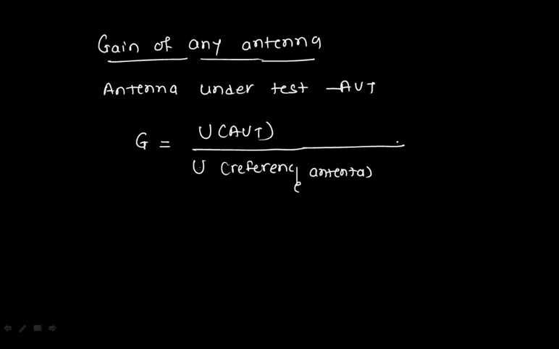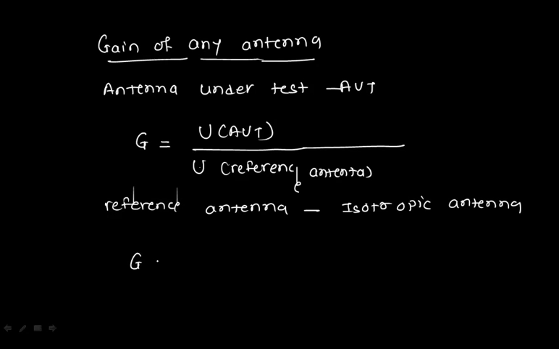So whenever you are talking about the reference antenna, it is taken as an isotropic antenna, which radiates equally in all directions. We know the intensity of that particular antenna, as we have already calculated. So U under test divided by U0, and I know that U0 is nothing but P radiated divided by 4 pi.